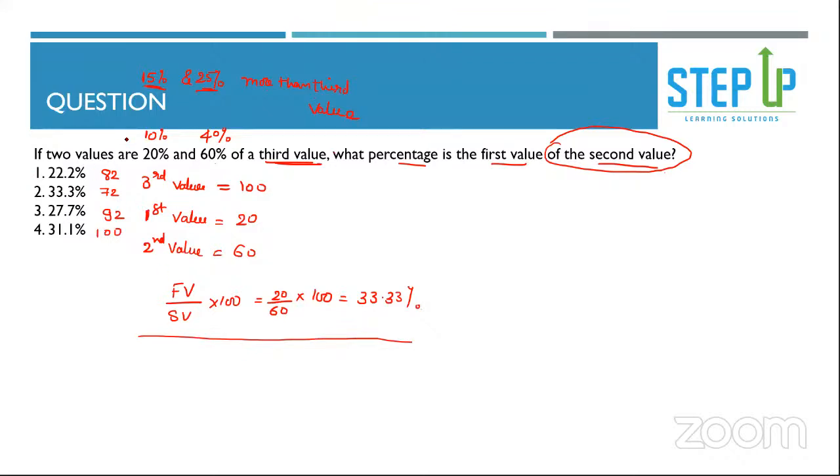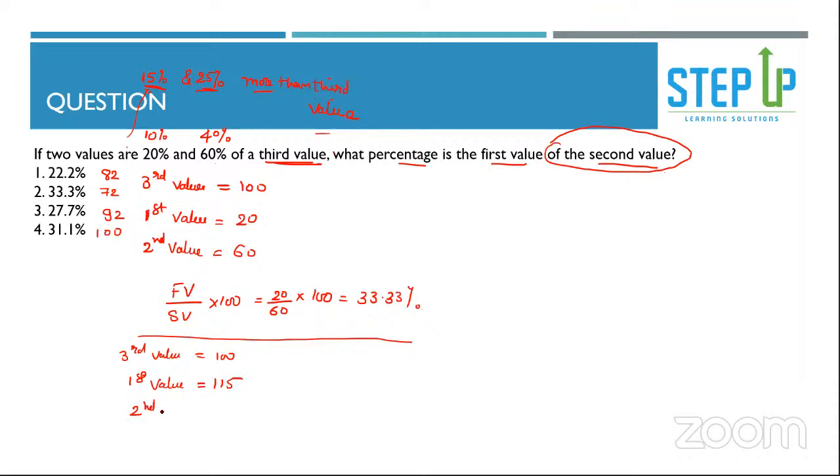If two values are 15% and 25% more than a third value, what percentage is the first value of the second value? Again, we don't know the third value. We'll assume the third value as 100. So the first value this time will be more than the third value, so it will be 115.